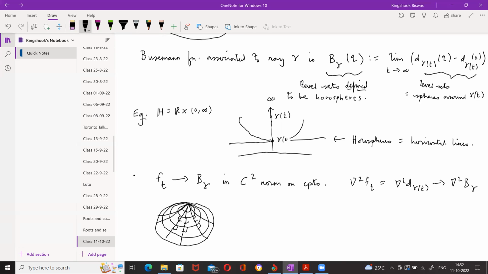Okay. So grad B gamma equals the outward unit normal to horospheres.